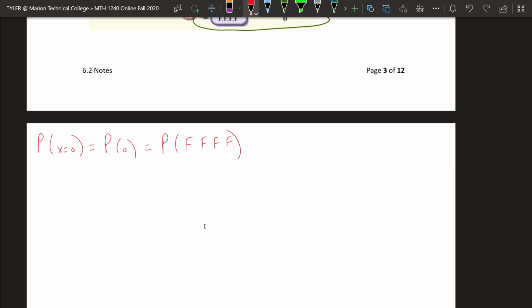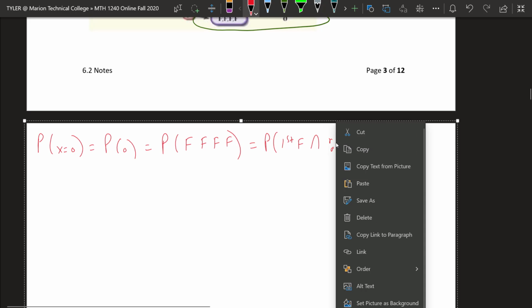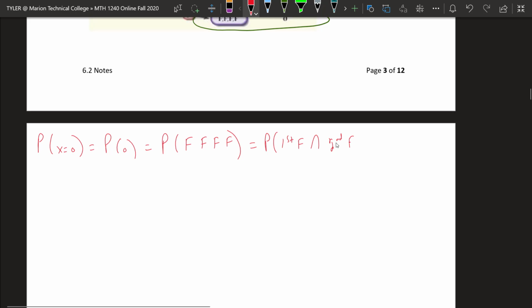So this would be equal to the probability of F, F, F, F happening. So remember from last time, what this notation is referring to: this would be equal to the probability of the first plane being late, a failure, and the second plane being a failure, and the third plane being a failure, and the fourth plane being a failure.